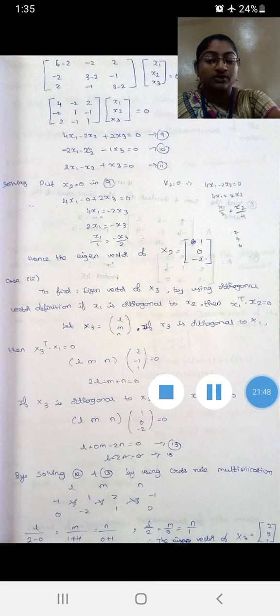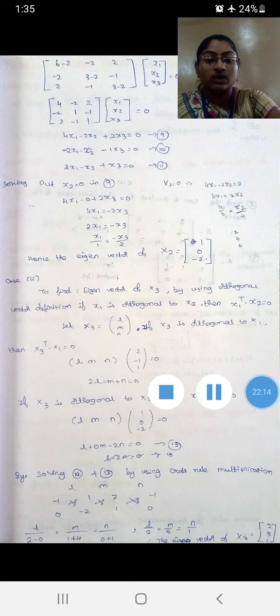Next, using the formula x3 transpose into x1 equal to 0, and I know that the eigenvector x1 is 2, minus 1, 1. Multiply both the terms, I get 2L minus M plus N equal to 0. Mark this as equation A.